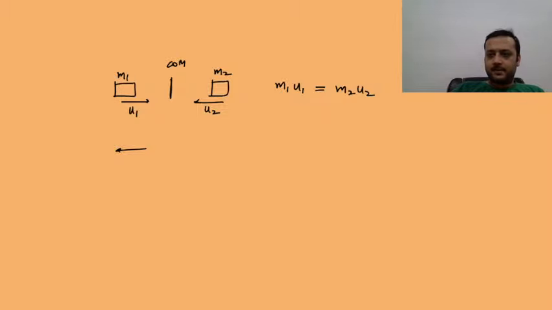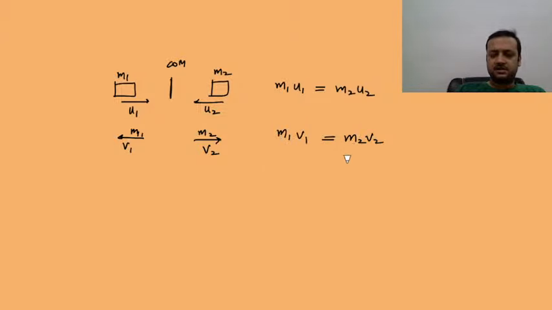Let's say they go back. m1 goes back at v1 and m2 goes back at v2. Since the linear momentum must still cancel out because this is in the COM frame, v1 is the velocity of the block in the COM frame and v2 is the velocity of the other block in the COM frame. So again we will have m1 v1 equals m2 v2.